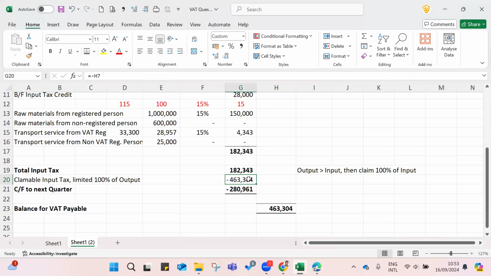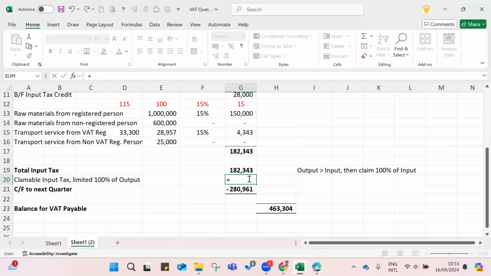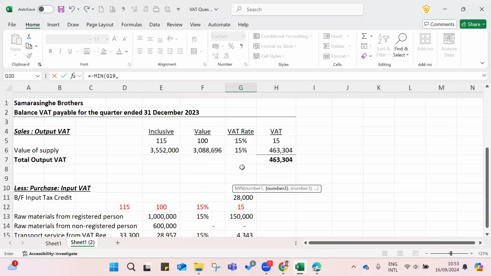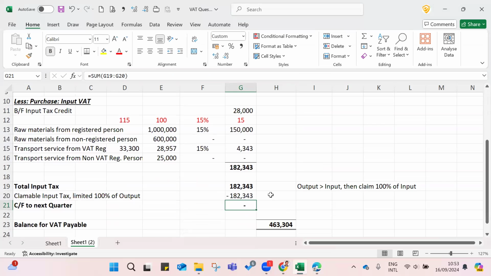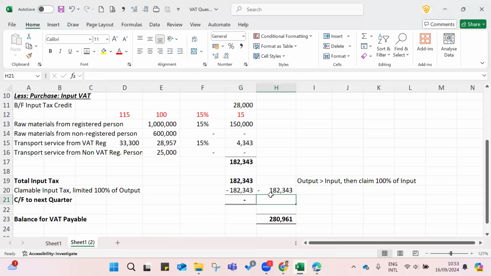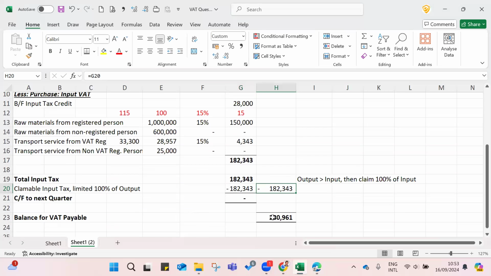Then we can claim the minimum of either this one or this one, right? Then no carried forward. You are claiming this amount.